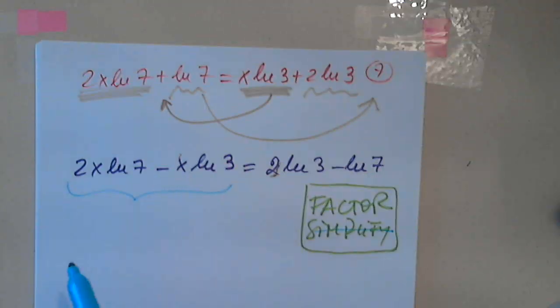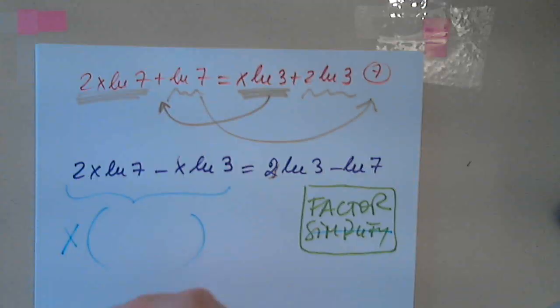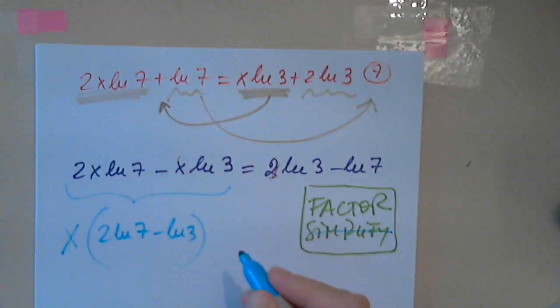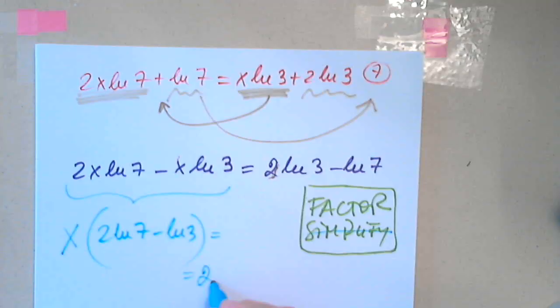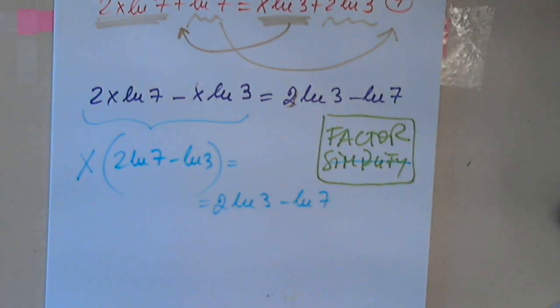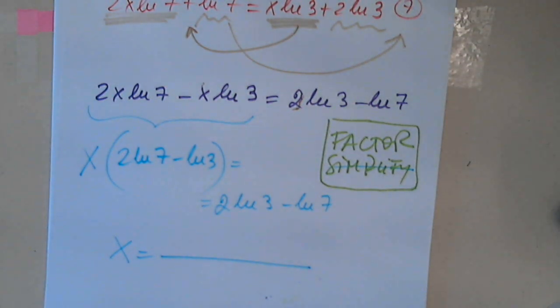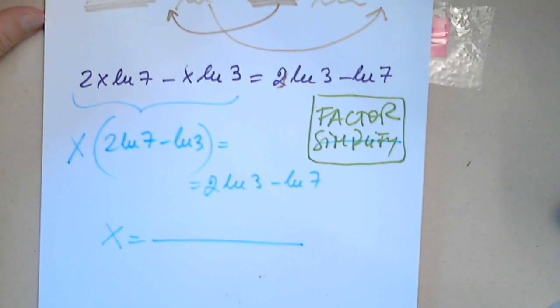These 2 terms have a common factor. 2 natural log 7 minus natural log 3. And on the other side, 2 natural log 3 minus natural log 7. And that's final. Final what? How do I write the final answer?